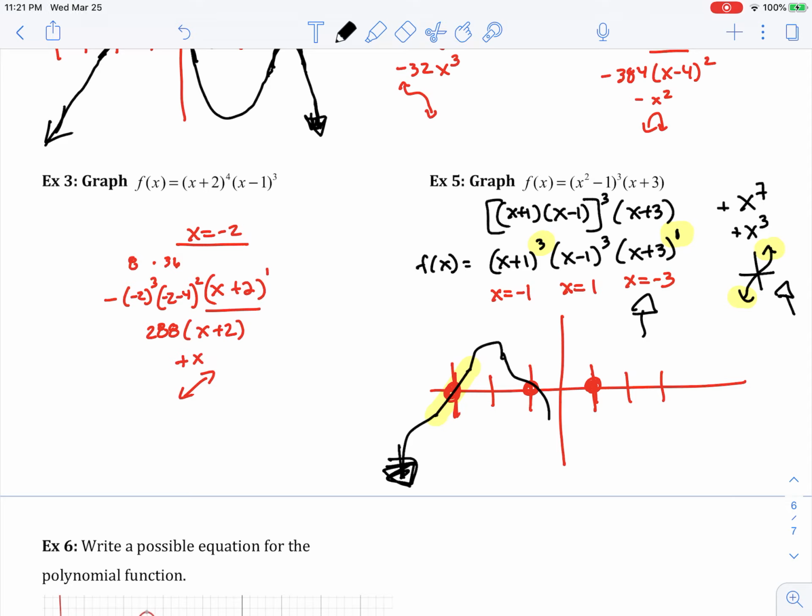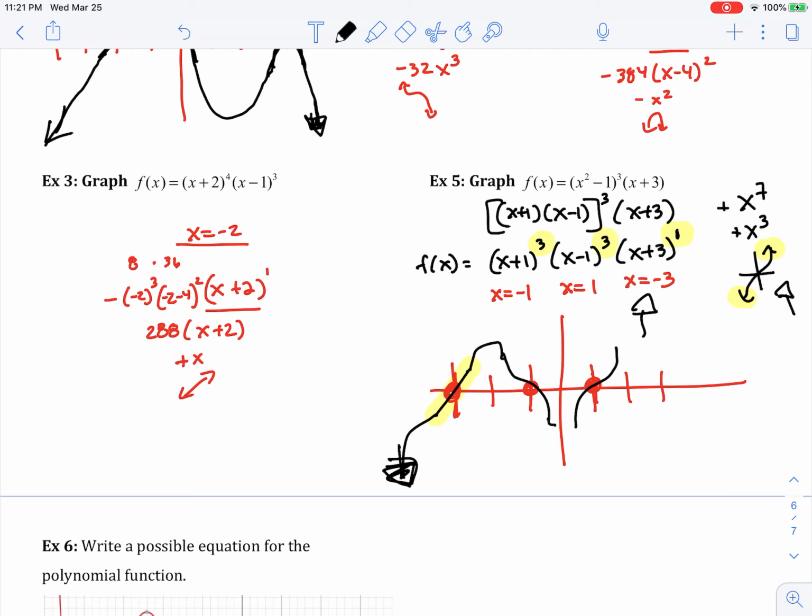And then for x equal to 1, again, because this power of 3, an odd exponent, we know around x equal to 1, our graph again would have to take on an x cubed graph. And in order to connect with this piece over here, it would have to take on the shape of a positive x cubed.